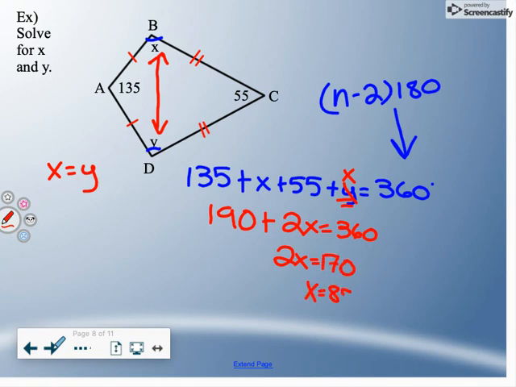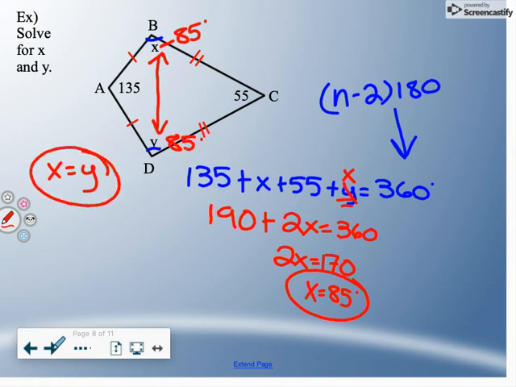X is equal to 85. So that means we can plug in 85 for x. And since we know that these are equal to one another, we can also plug in 85 for y. Again, 85 for our y.